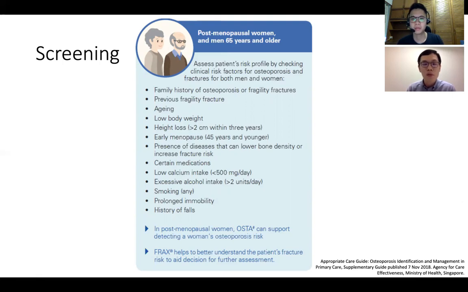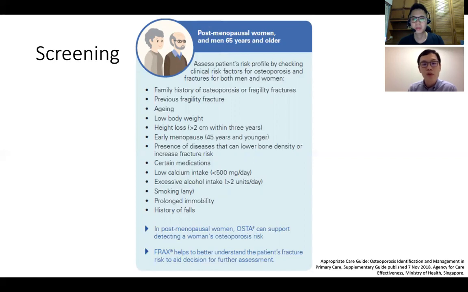Some of the risk factors we are looking at, in terms of physiology, include age as one of the main things. So the woman who has undergone menopause and is postmenopausal, and the man who is 65 years or older, we would want to screen these patients. And this is the additional list from the appropriate care guide of risk factors to look out for.